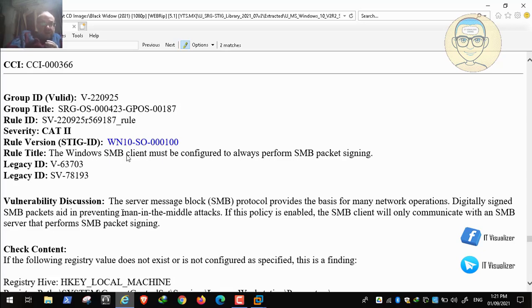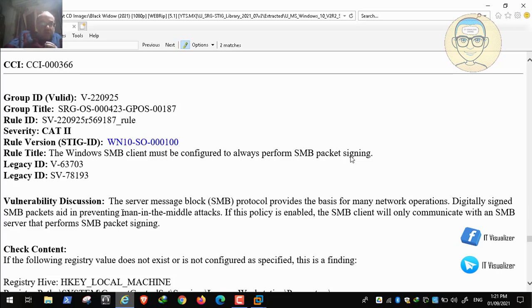The Windows SMB client must be configured to always perform SMB packet signing. So we all know that the SMB protocol is a protocol used to transfer files between the client and the server, and it works mostly in a file server situation. Here it is saying that if you are a client talking to your file server or SMB server, you should sign your packets.